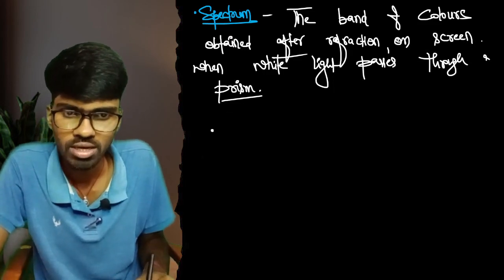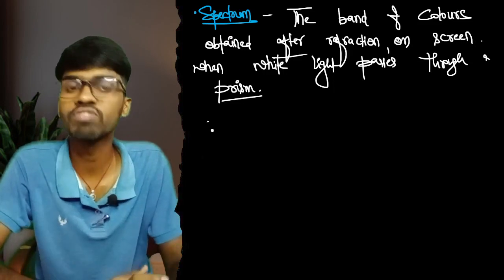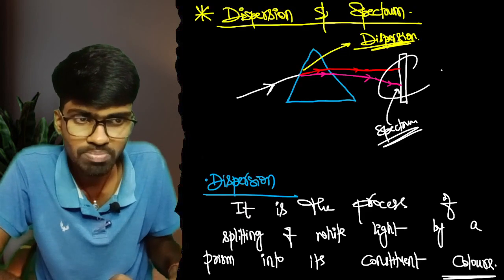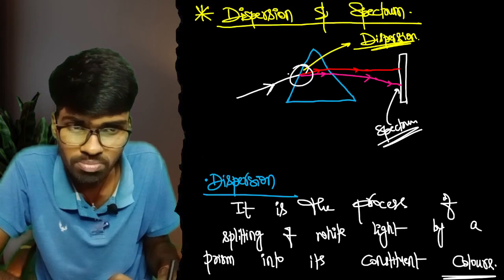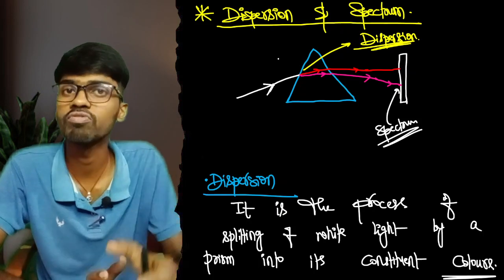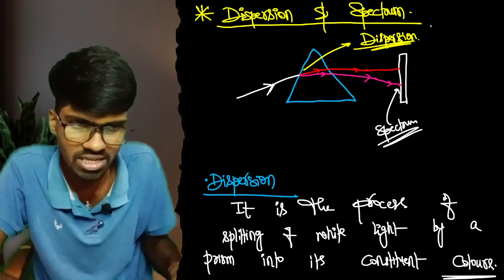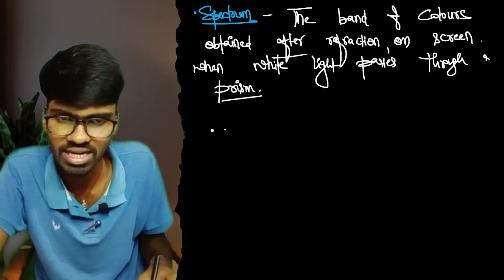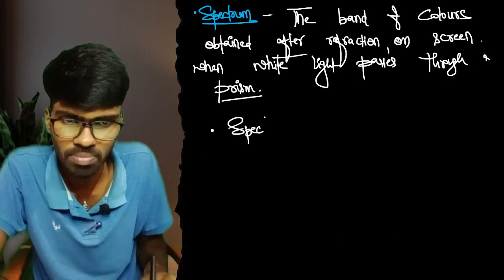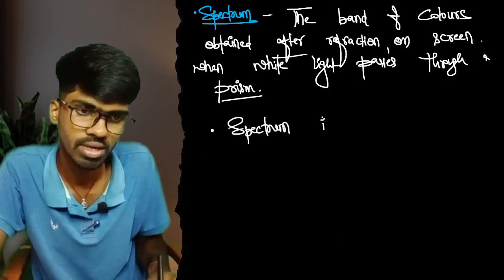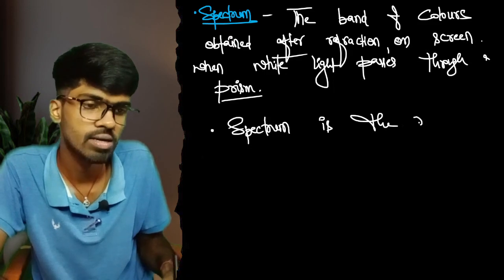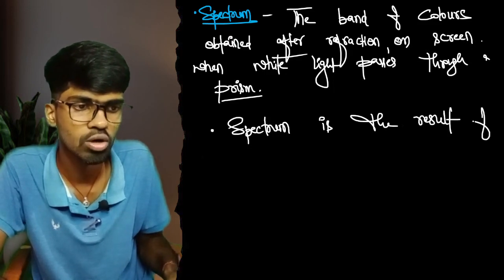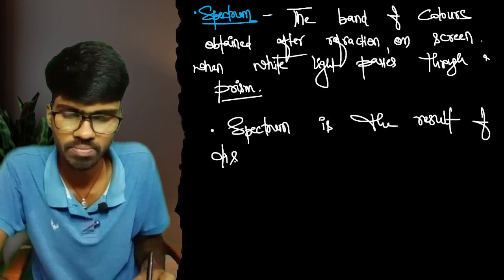Spectrum is basically the result of dispersion. Spectrum takes place because dispersion occurred. If there was no dispersion, no spectrum would take place. So you can write: spectrum is the result of dispersion.